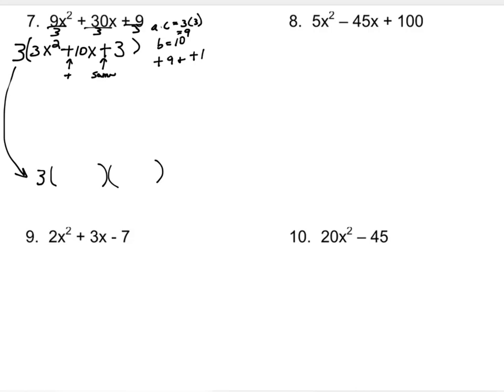So we're going to say 3x squared plus 9x plus x plus 3. Again, we're just going to work with this equation for the rest of the problem till the very end. We bring that 3 down that we factored out. Group. Factor out a greatest common factor from the first set of parentheses, which will be a 3x.